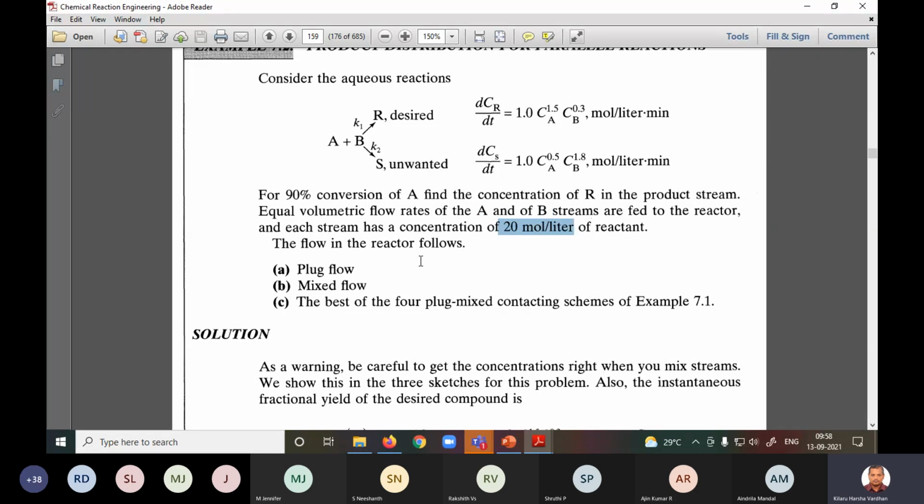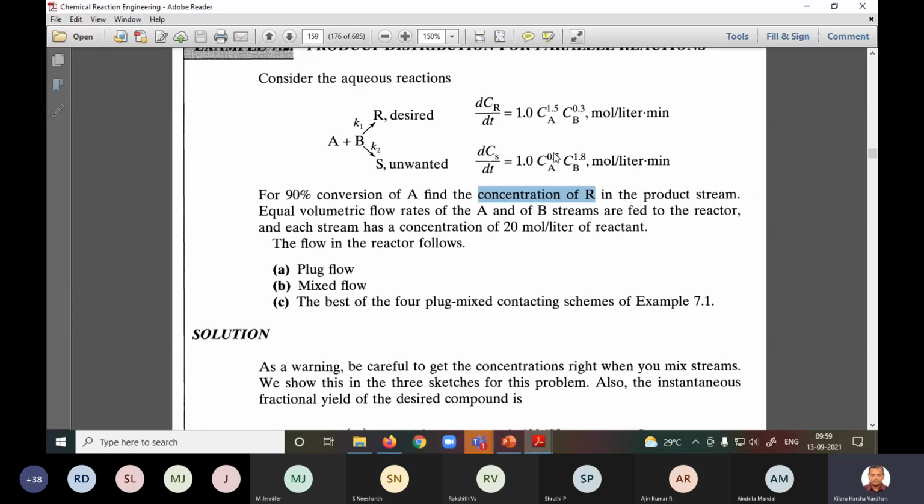So he's giving you the concentration of the streams and equal volumetric flow rates. He's asking you to calculate the concentration of the desired product R if this reaction happens in plug flow, mixed flow, or any of the schemes we showed previously, a combination of plug flow and mixed flow. So we'll do that first.